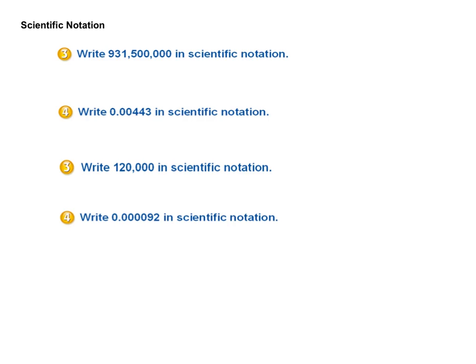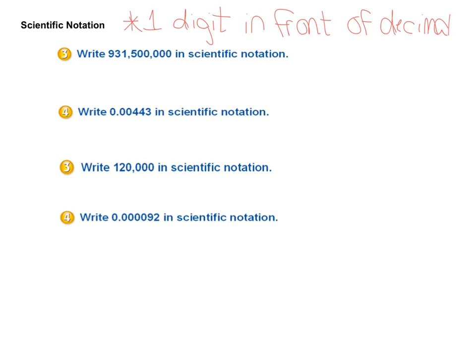So now we have numbers in standard form, that's normal numbers, and they want us to write it in scientific notation. Keep in mind your goal is 1 digit in front of the decimal. Only 1. So we look at 931,500,000, and where is the decimal right now?